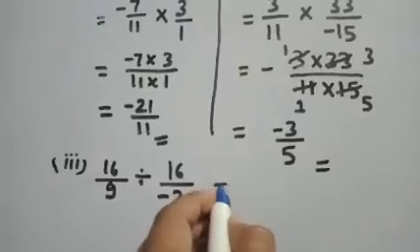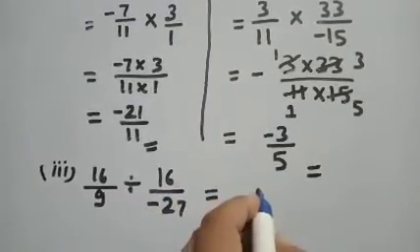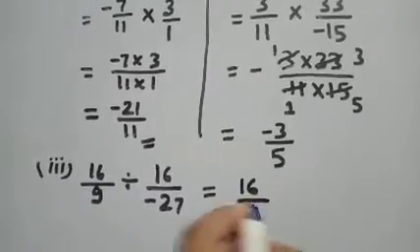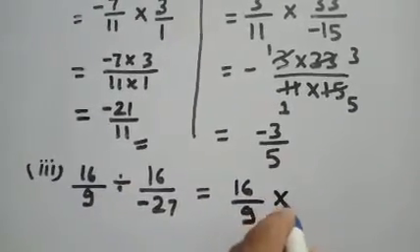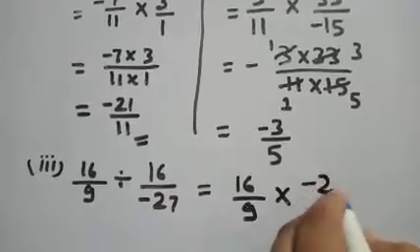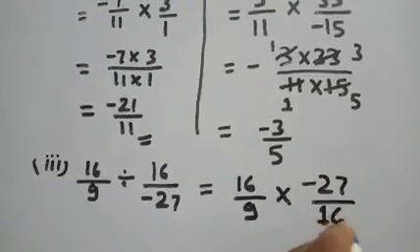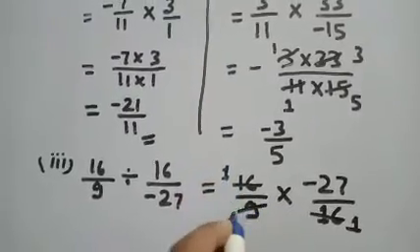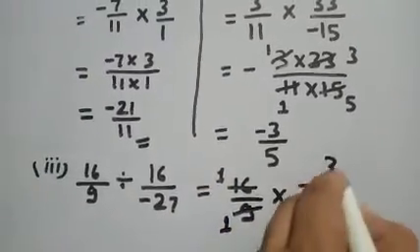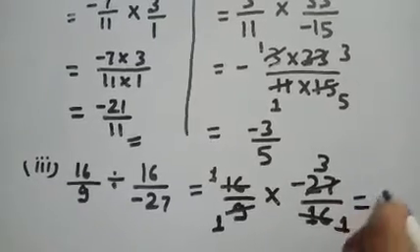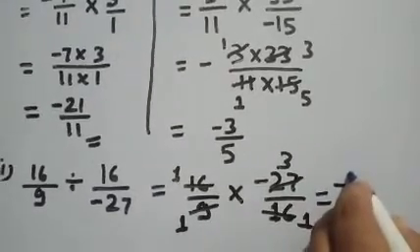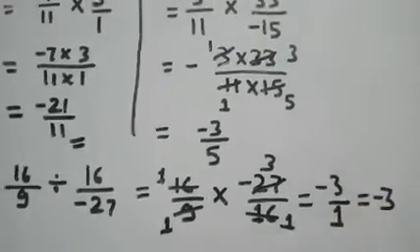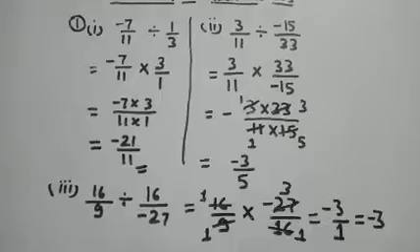So 16 by 9 will remain the same. Now divide, convert into multiply and the reciprocal of the divisor. So 16 ones are 16, look here, and 9 ones are 9, 9 threes are 27. So minus 3 upon 1 is called minus 3. Minus 3 will be the result.